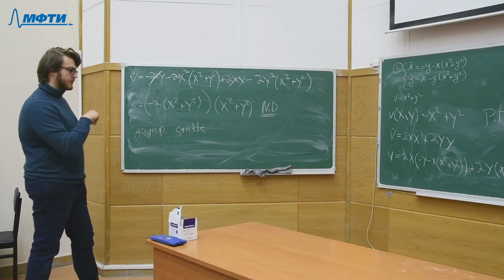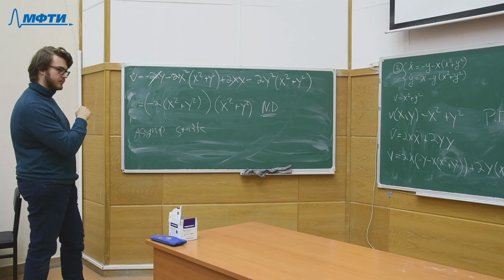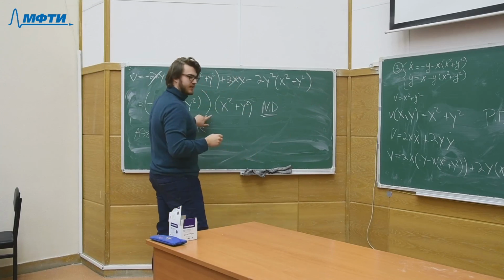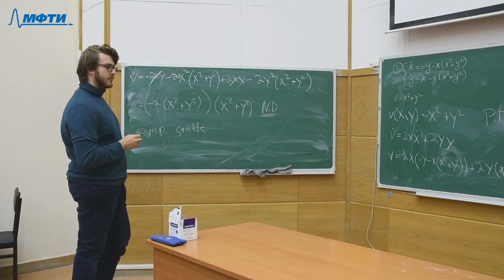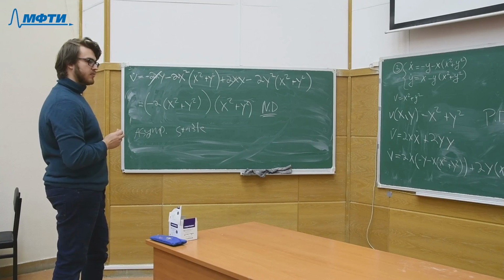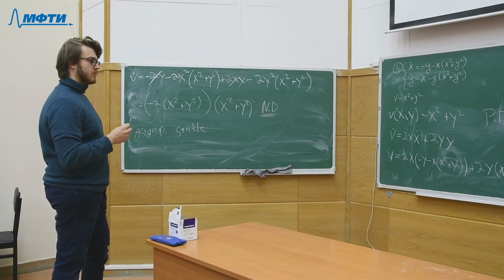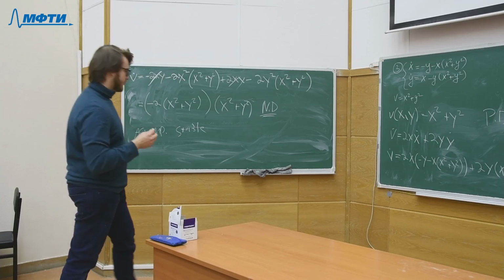If V is positive definite and V dot is negative semi-definite, then it is just stable, not necessarily asymptotically. And if V dot is positive definite, then it is unstable. So this is the rule.